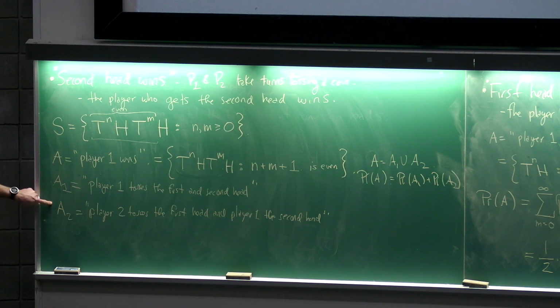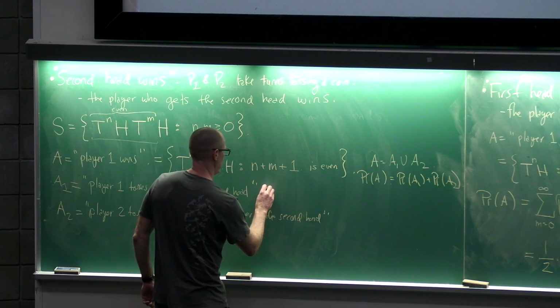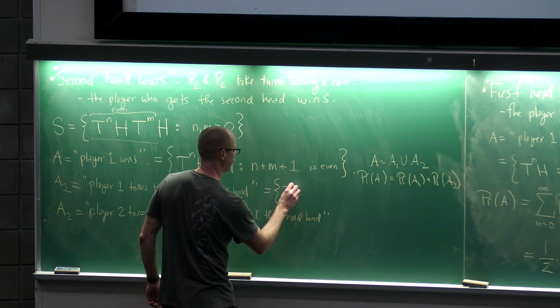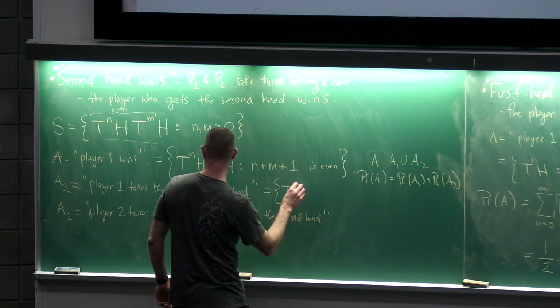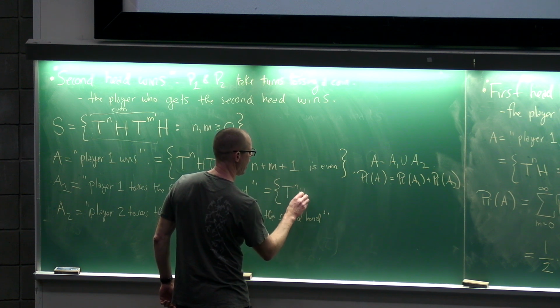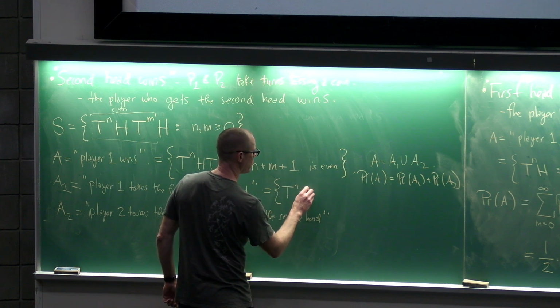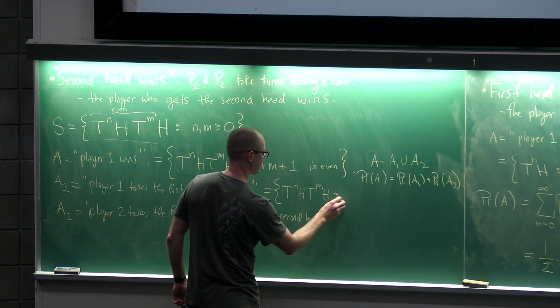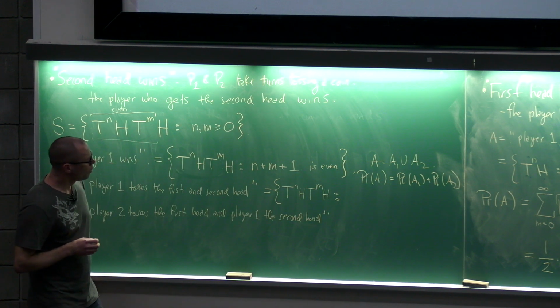Now let's look at what these things look like. Okay. Player 1 tosses the first and second head. So there's some tails, then there's a head, then there's some tails, and then there's a head.